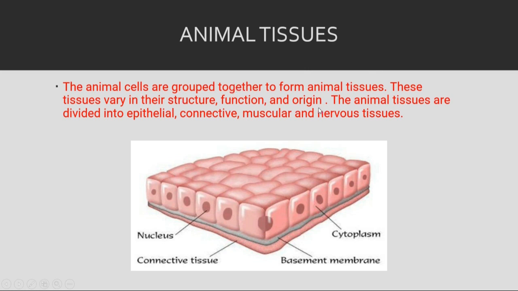Now, a number of animal cells group together to form animal tissues, and these tissues vary in their structure, function, and origin. Each and every tissue has its own specified function and a different structure and origin. The types of animal tissues are epithelial tissue, connective tissue, muscular tissue, and nervous tissue.